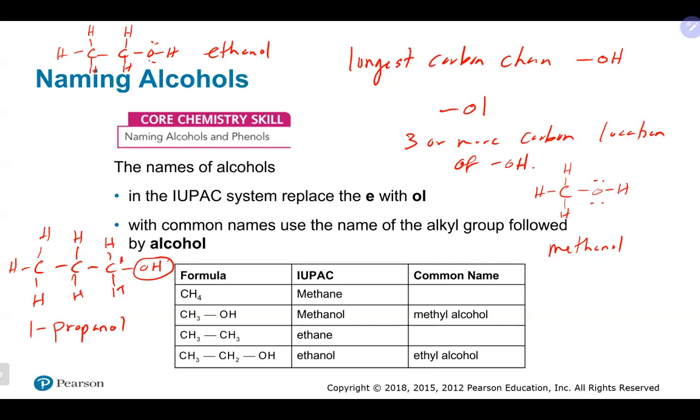That would be different than if we had the OH group on our 2nd carbon. This also would be 3 carbons with an OH group, which would be propanol, but the OH group is at carbon number 2. So this is 2-propanol. So with 3 or more carbons, you do need to give the location of the OH group, and again, you want to make sure that it is the smallest.